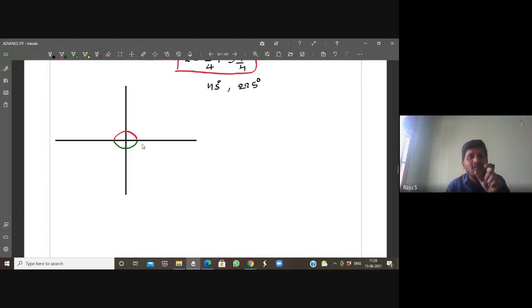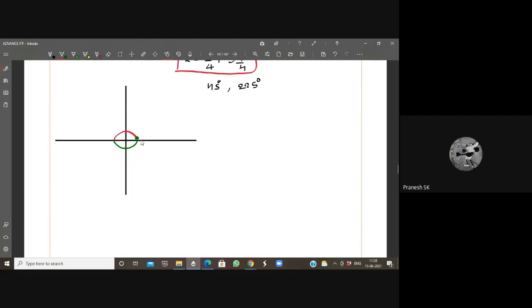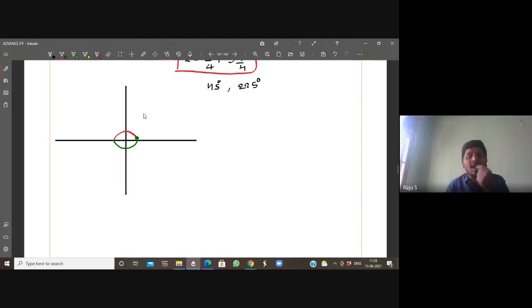To repeat this, we require 360, which can be written as 2 pi. So sin x is a periodic function because its values repeat. For every 360 it will repeat: after 360, again positive values, then negative values.